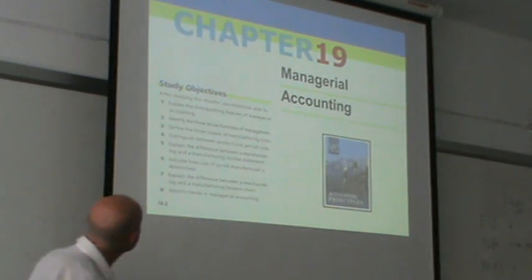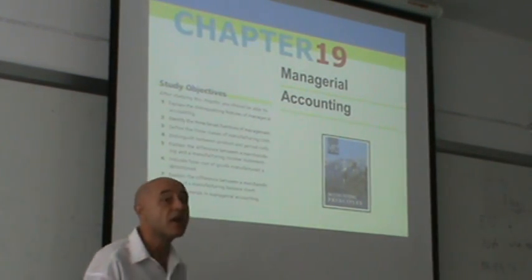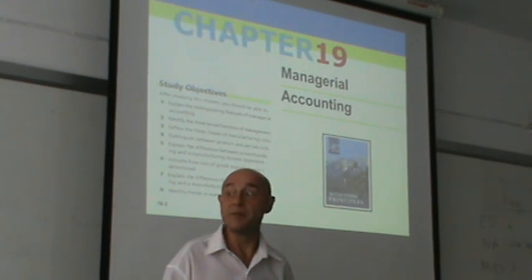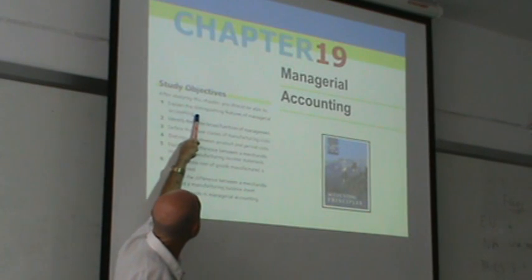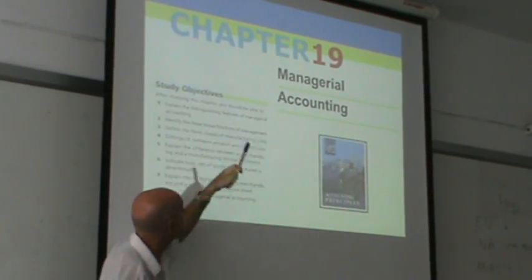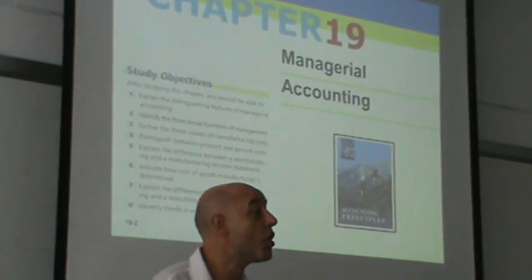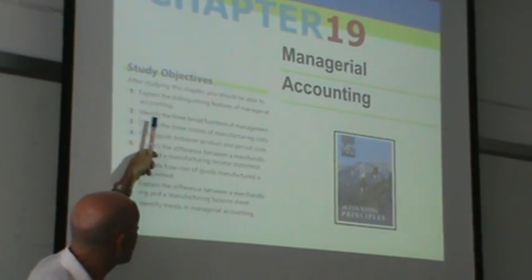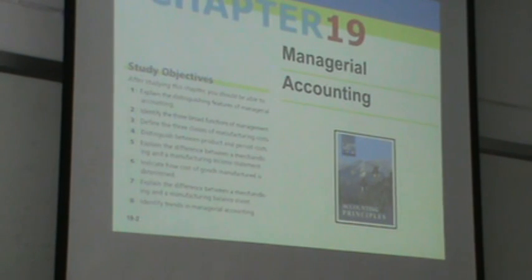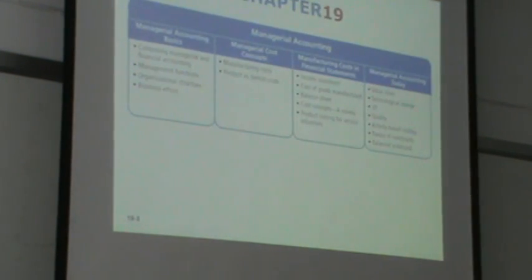And we got a lot of goals over here. I'll try to cover mainly this one, explain distinguishing features of managerial accounting. That's going to be mostly section 1, and maybe a little bit of this one. We'll see how far we go. And this is what it looks like.